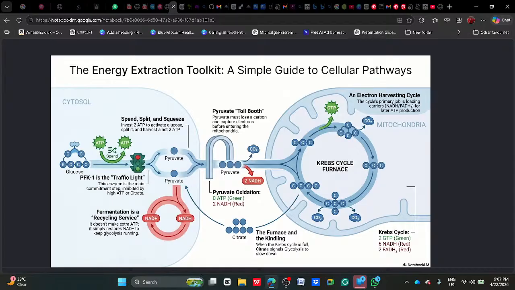Organelles are small membrane-bounded parts.